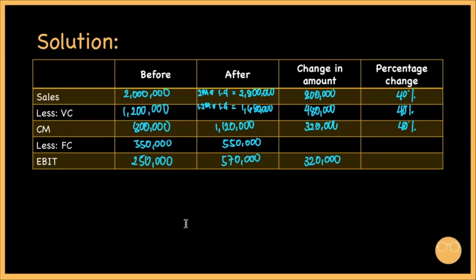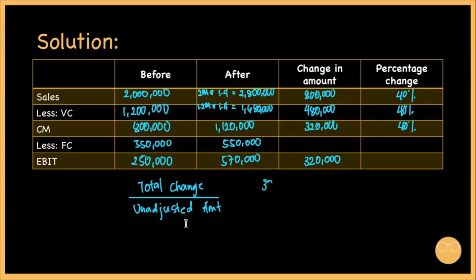Now, if you compute the percentage change, that will be the total change divided by the unadjusted amount. Our unadjusted amount is 250,000.